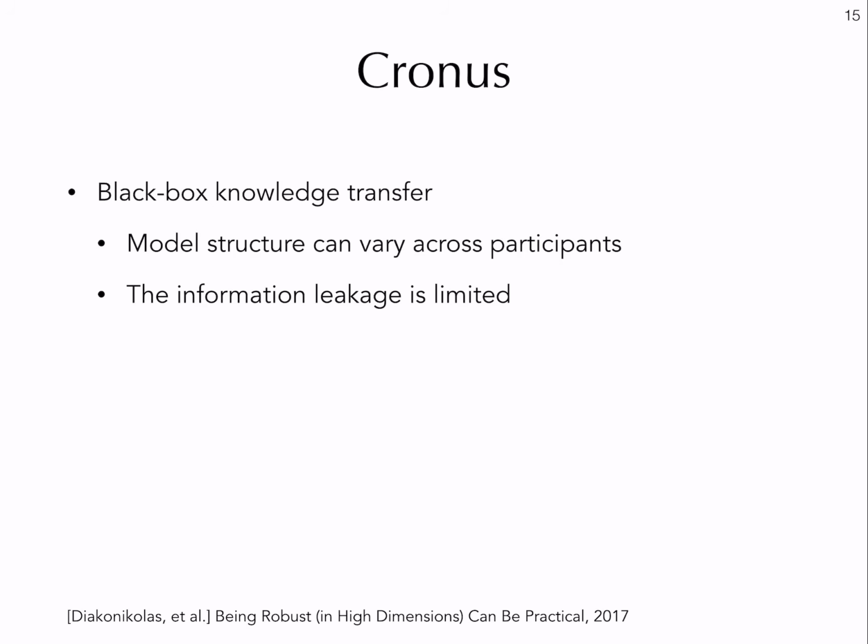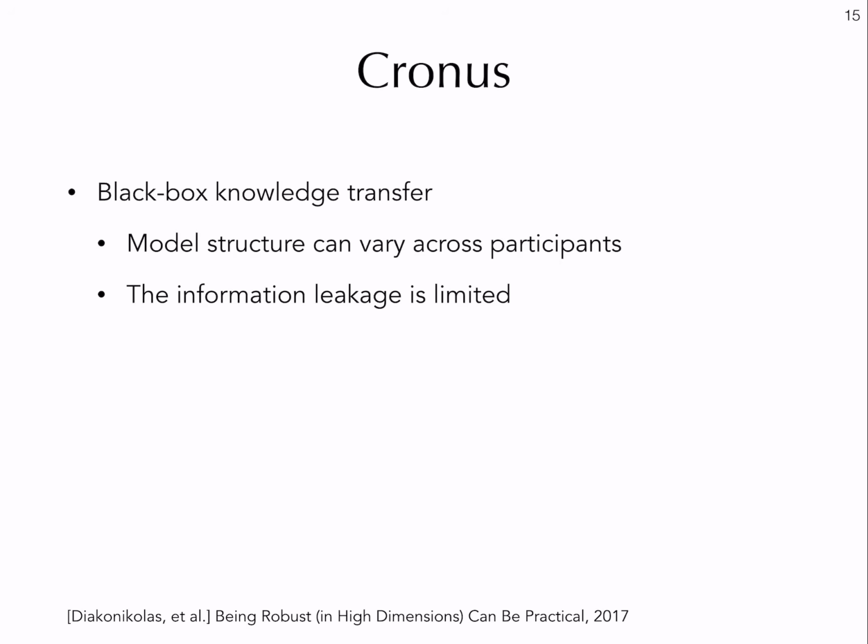Different participants could be running different models. And also the information leakage is limited because we only leak as much as the black box access to models leak. Definitely the attacker is not going to get information about the latent features of the data and so on.